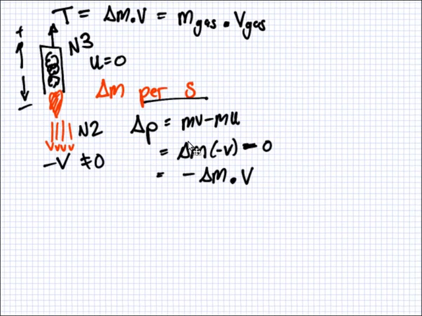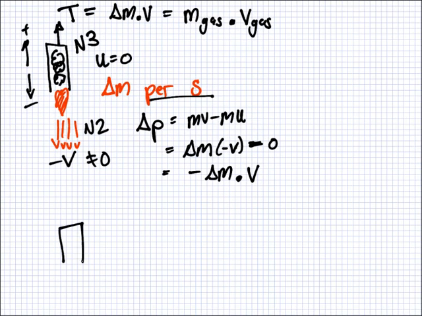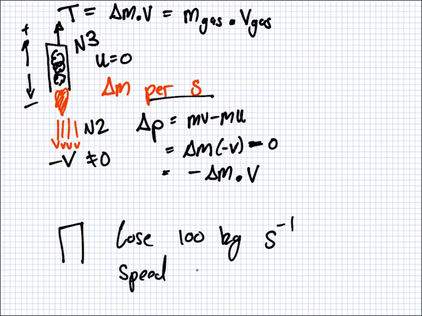Just to give you a number example, let's say you have your rocket here, and let's say per second we lose 100 kilograms per second, and the speed down is 100 meters per second. Then the thrust force up for the rocket would be 10,000 newtons.